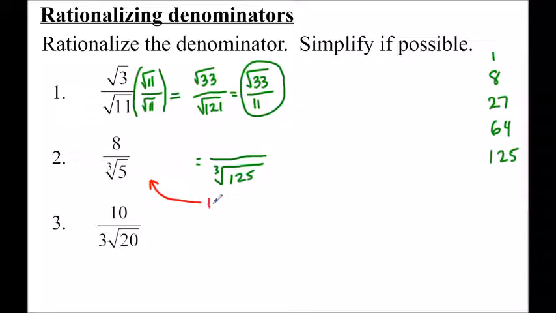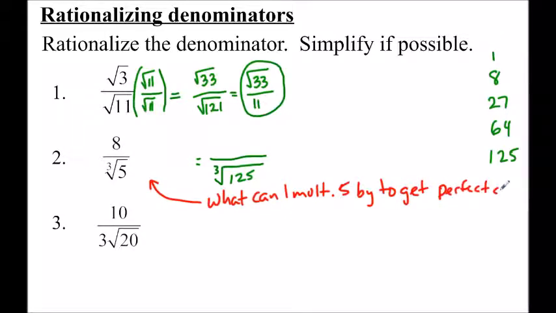All right, and that's what we're going to do. We're going to multiply by the cube root of 25, because 5 times 25 gets us the 125 that we know we can cube root.